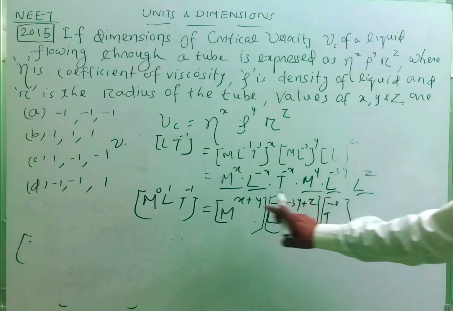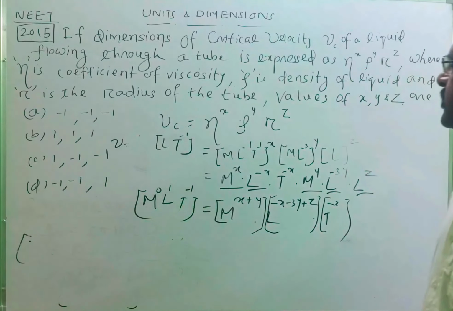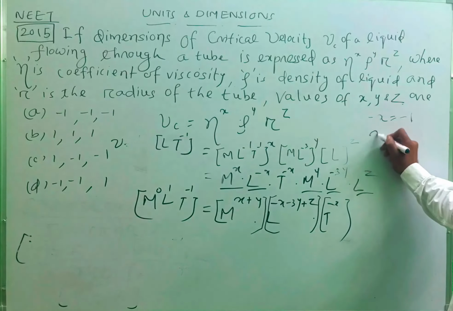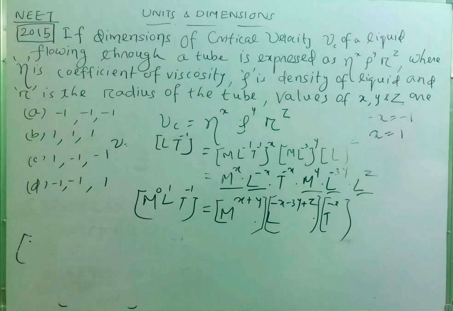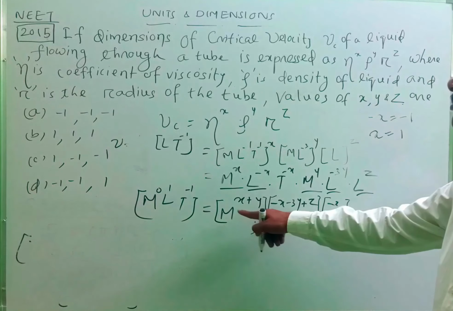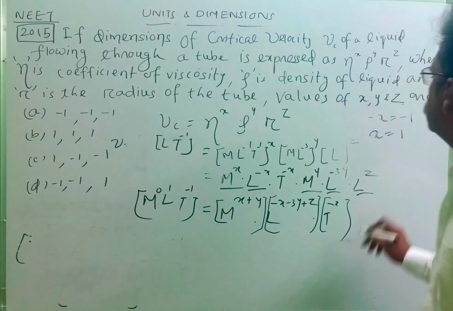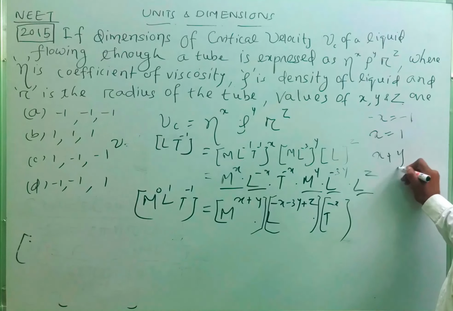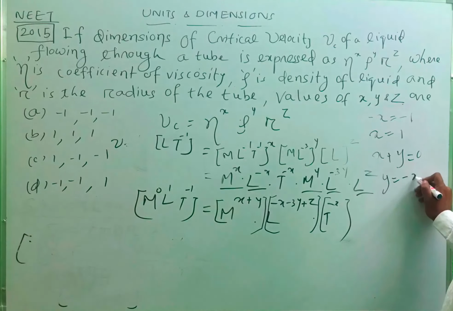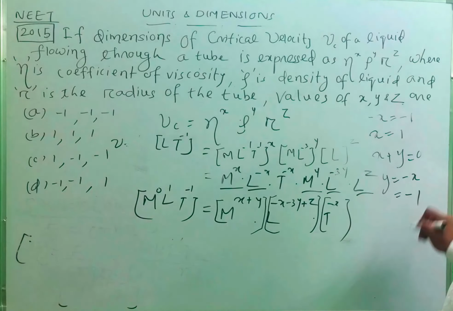That is minus x. And what is here in the LHS? That is minus 1. So minus x is equal to minus 1, or x is equal to 1. Okay students? Then x plus y, here M has exponent x plus y, here in the LHS it is 0. So x plus y is equal to 0, or y is equal to minus x is equal to minus 1.